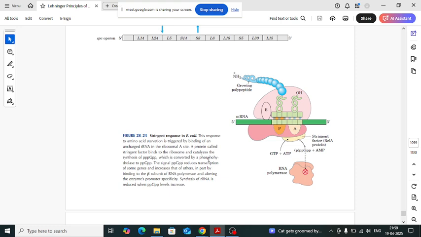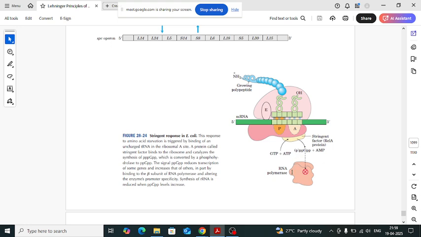The terminal phosphate of pppGpp is removed by a phosphohydrolase, converting it into ppGpp. ppGpp reduces the transcription of some genes and increases that of others, in part by binding to the beta subunit of the RNA polymerase.